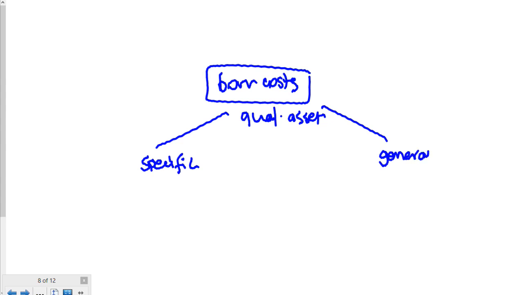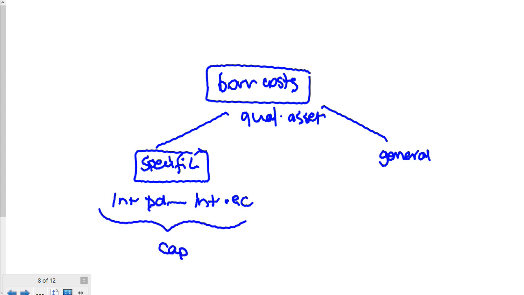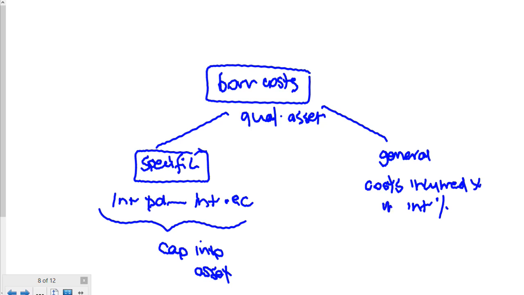If I have a specific borrowing, then I look at the interest paid minus any interest received, and that's the amount that I can capitalize into the asset. If I have a general borrowing, what I do is I take the costs incurred times the interest percentage. And if I have more than one general borrowing, I use a weighted average interest percentage. And that's the amount that I can capitalize into the asset.